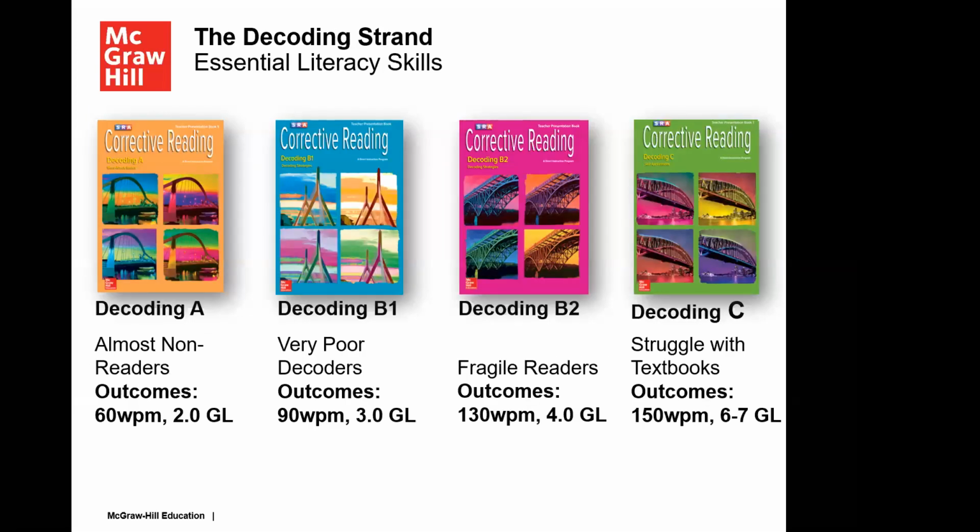So just to highlight the decoding strand, which is the strand that is used the most often with our students, as I mentioned, there are 4 levels here in order to address the different needs of our students, starting with basic word attack, moving into decoding strategies, and finally more skill application in level C. Now you can see the 4 levels here, A, B1, B2, and C. Decoding levels A, B1, and B2 have 65 lessons in them each, and each lesson takes about 45 minutes.